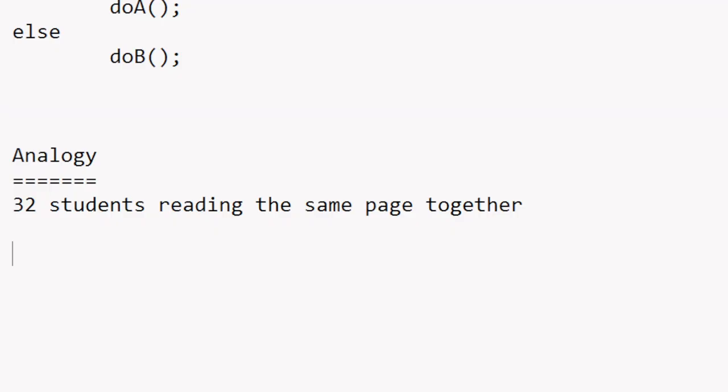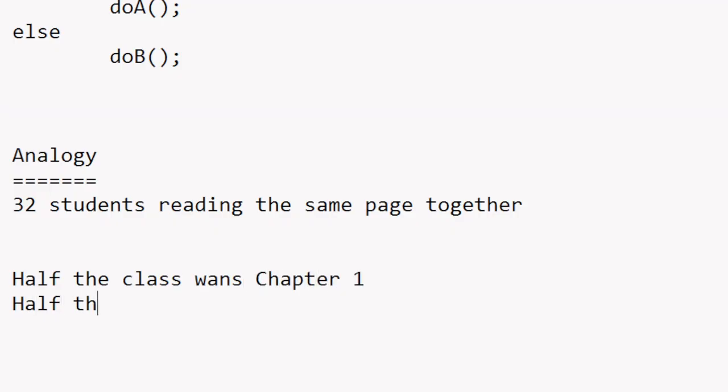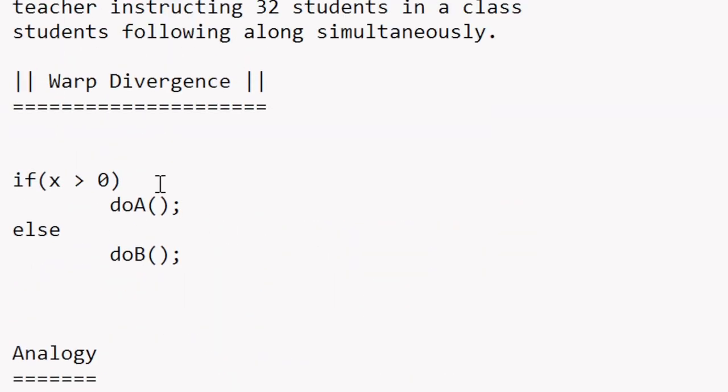But suddenly, say half of the class wants to read chapter 1 and the other half chapter 2. Then the teacher cannot teach both chapters at the same time. The teacher has to teach both groups separately. The class slows down. This is exactly what happens during warp divergence that I mentioned here.